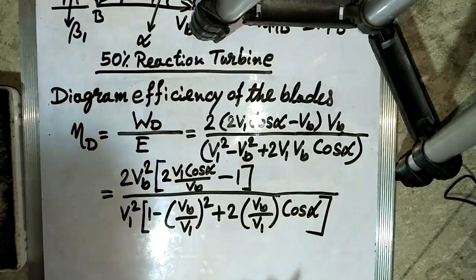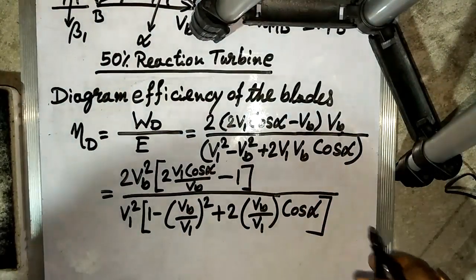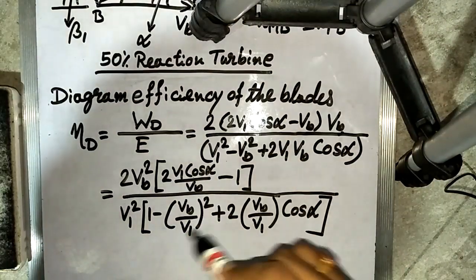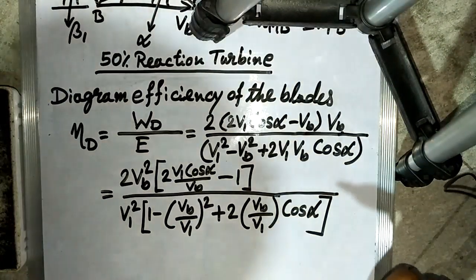So we can write the above equation in terms of the ratio of V1 and VB.